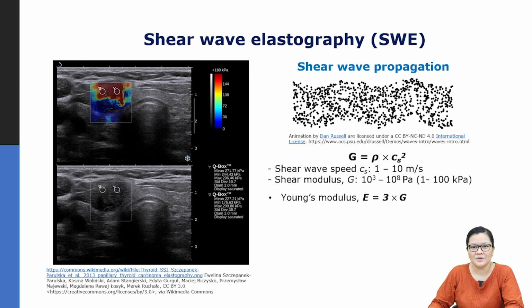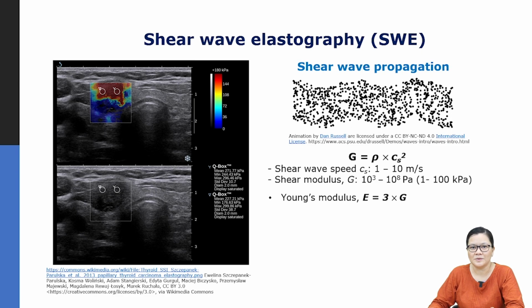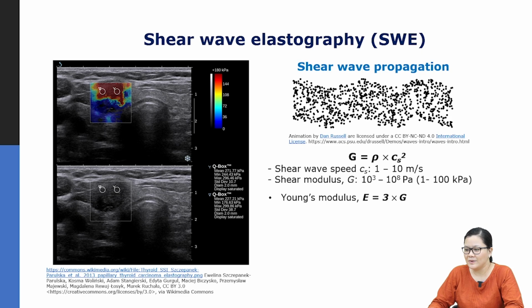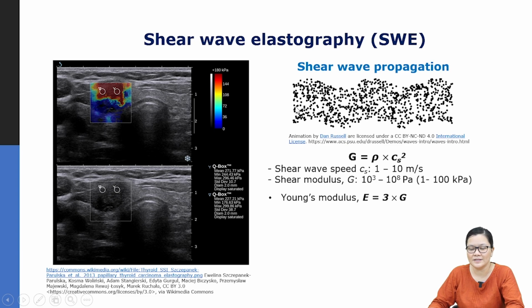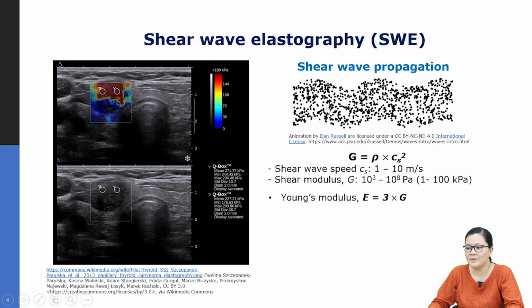In a previous lecture, we discussed different types of ultrasound waves, and one of these waves is shear waves. If you remember this schematic, this animation shows what shear wave propagation looks like, where particles in a tissue oscillate perpendicular to the direction of wave propagation.